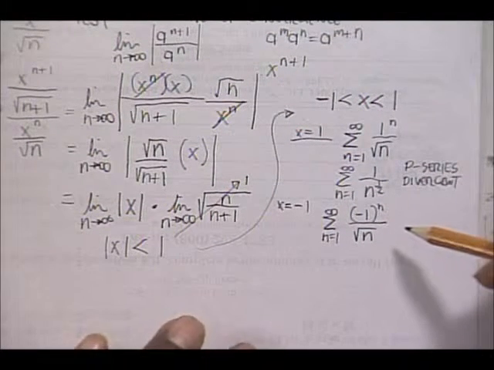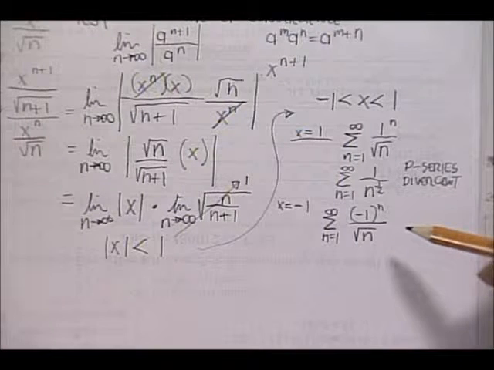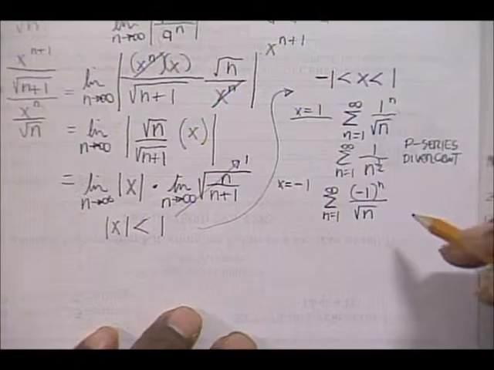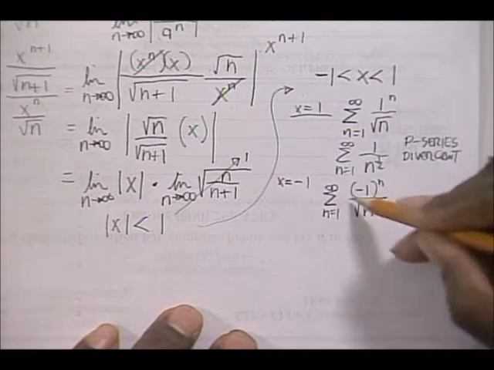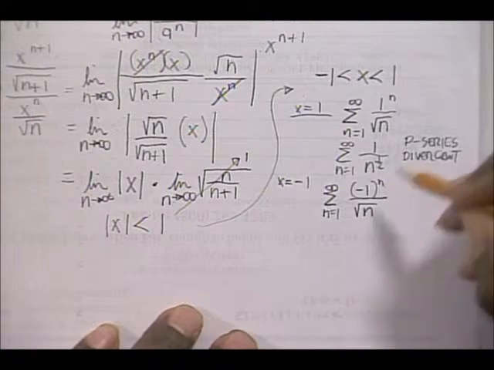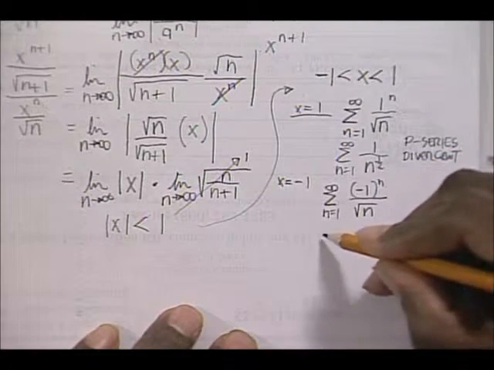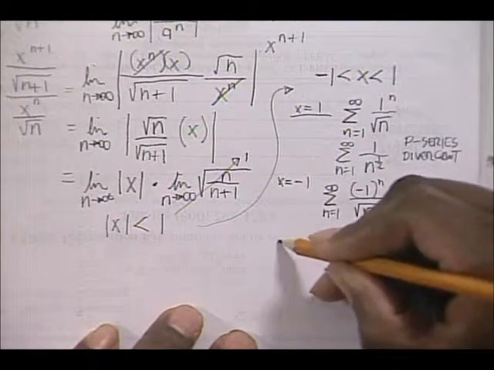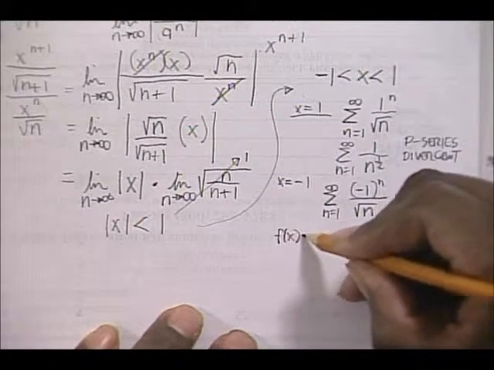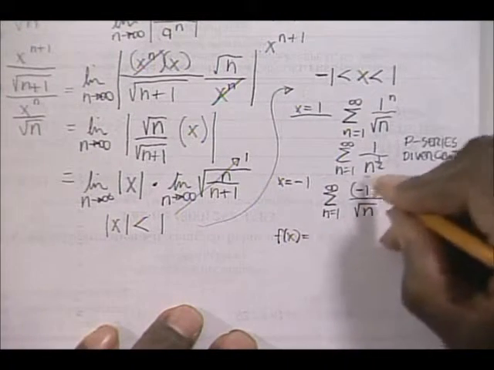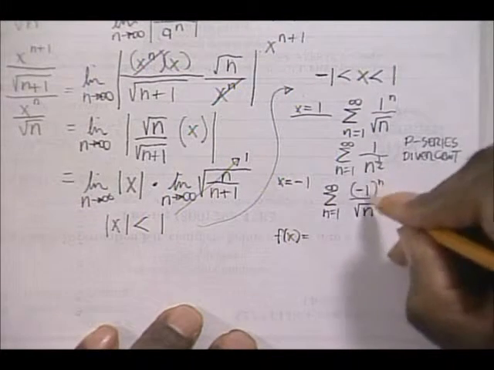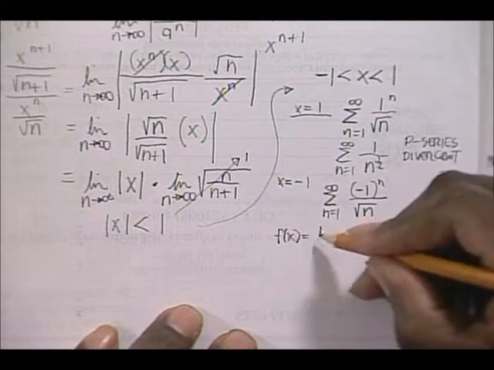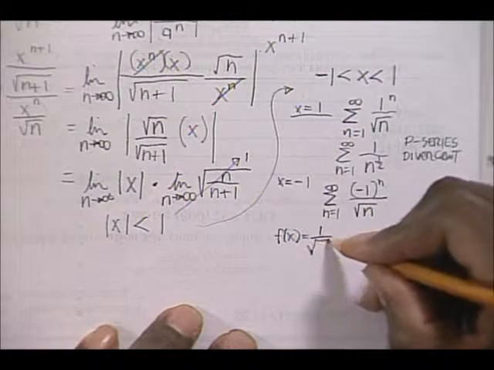And there are two criteria to check when you're working with an alternating series. The first criterion is to analyze this series when you've eliminated the source of alternating. Let's act like you've got some function where you eliminate the source of what's causing the alternating. Let's just make that 1 over radical n.